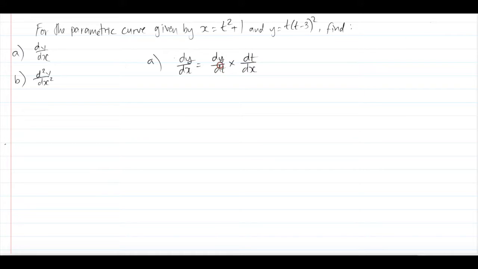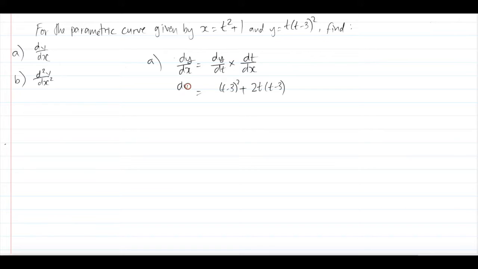The reason we do that is we know y is in terms of t, so if you find dy/dt and then multiply by dt/dx, you can get rid of the dt's and then you have dy/dx. So for dy/dt, use the product rule, and you should end up with (t minus 3) squared, so derive t, get 1, plus derive the second function, we get 2(t minus 3) to the power of 1, the derivative of t minus 3 is just 1 so it does nothing, and we multiply by t.